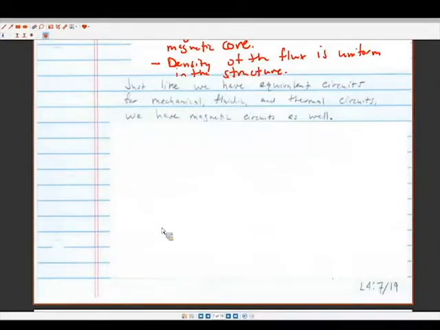One of the simplest magnetic circuits we can look at is a ferrous structure that makes a loop. I'll draw this in isometric form to make it a little more clear.